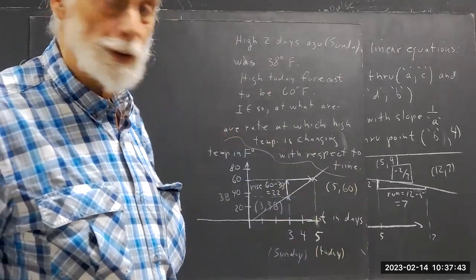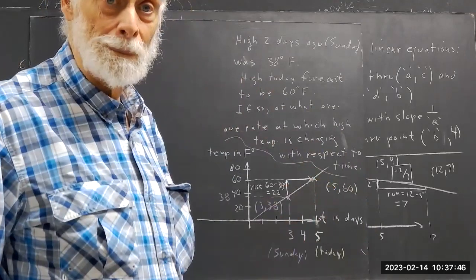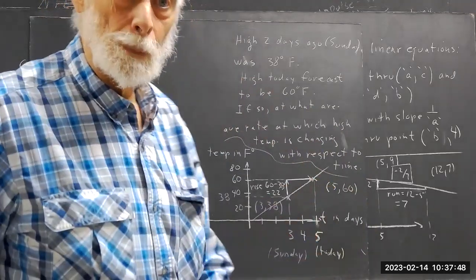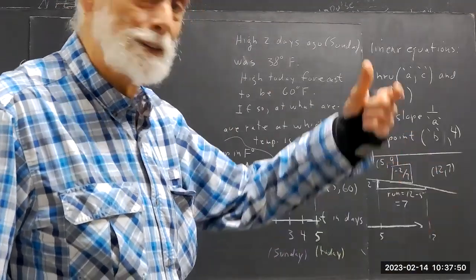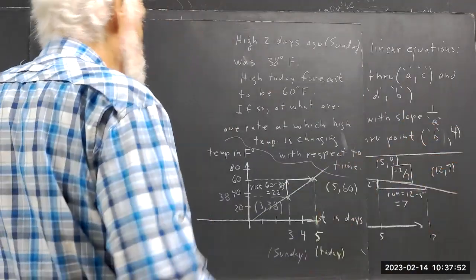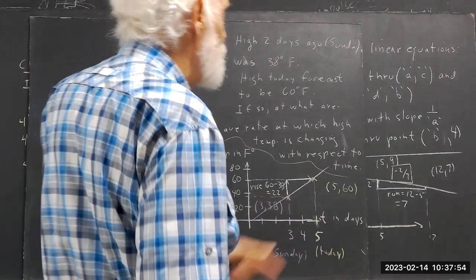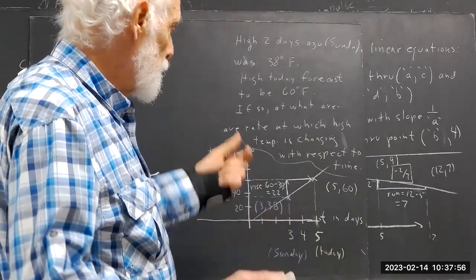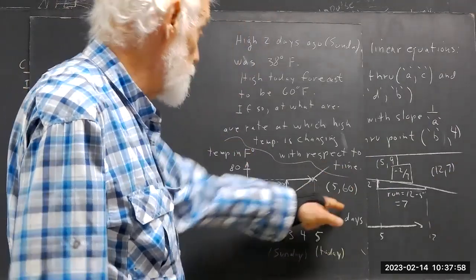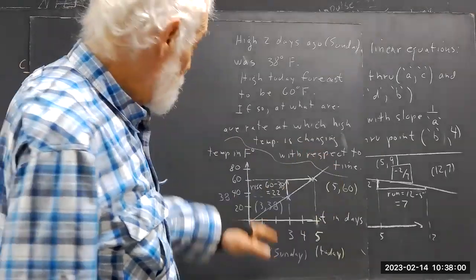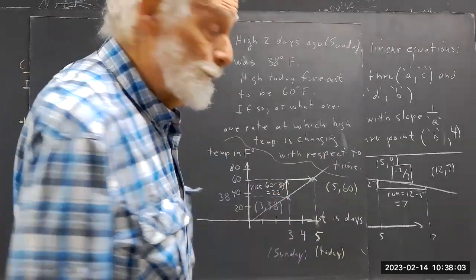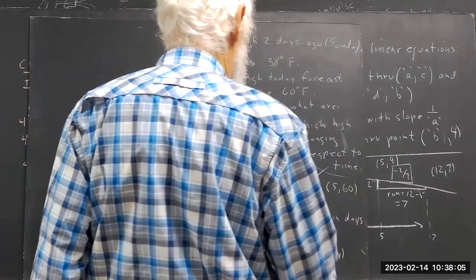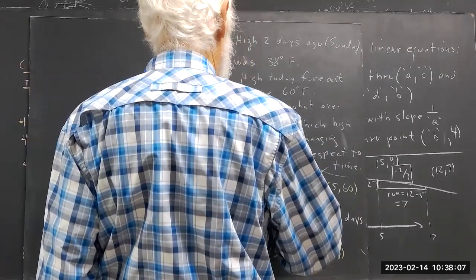Still, kind of remind yourself, okay, there's my y2 minus y1. Do it without thinking y2 minus y1, then see that it's y2 minus y1. Or do it with y2 minus y1, then say, well, I really didn't have to put labels in those. I know it's 60 minus 38, and I'm going from 38 up to 60. All right. Then from here to here, we'll go from 3 to 5.